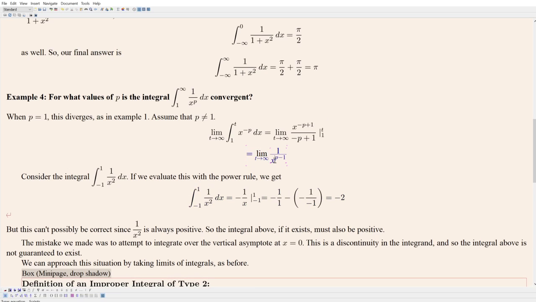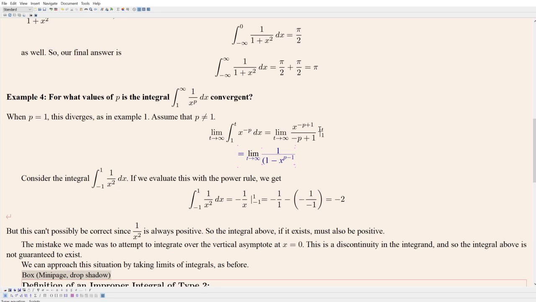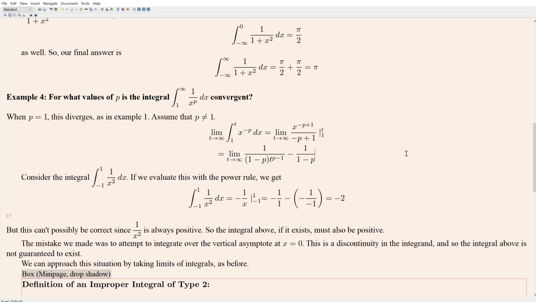And then minus p plus 1, that's the same as 1 minus p, like so. And we're plugging in t there. And if we plug in 1, yeah, so if we plug in 1, this exponent bit just becomes 1. So that's all we have.